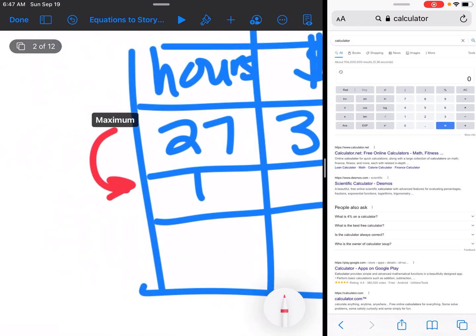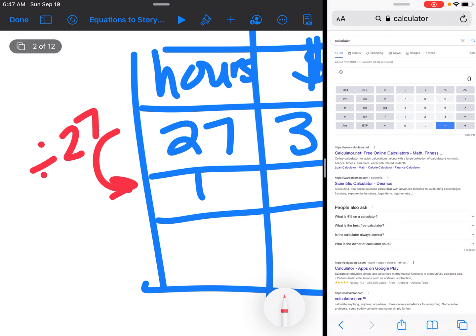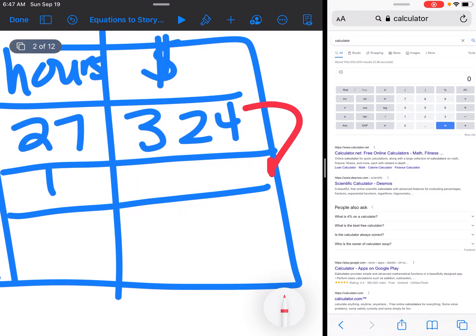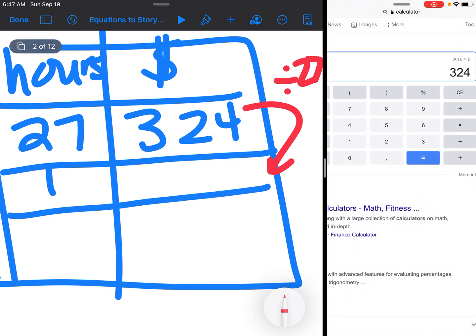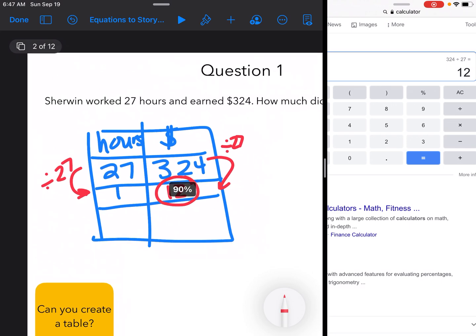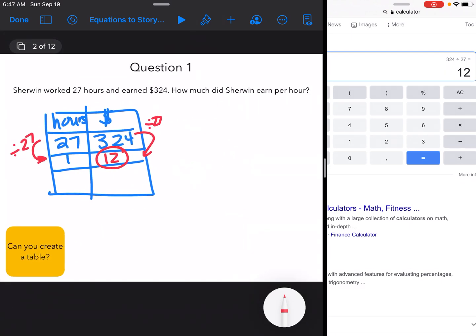So I'm going to divide by 27 on each side because 27 divided by 27 is 1. So on my calculator, I have 324 divided by 27, and I get 12. So how much did he earn per hour? $12 per hour.